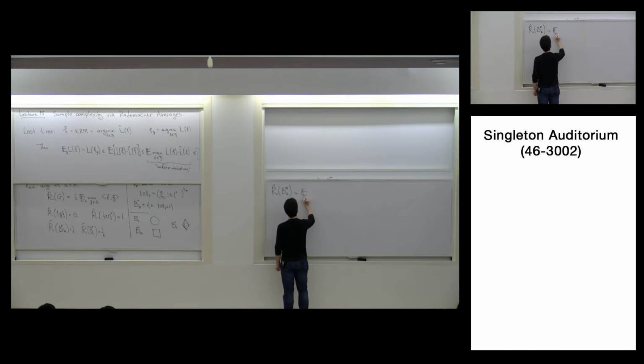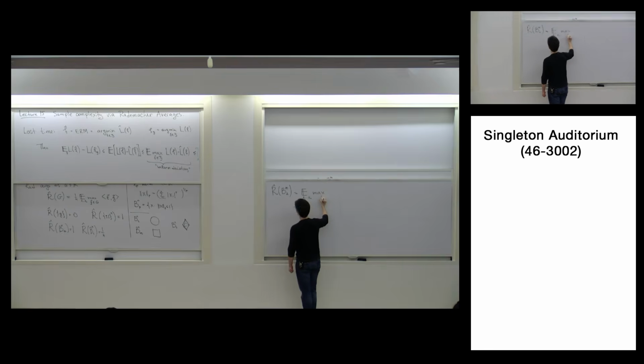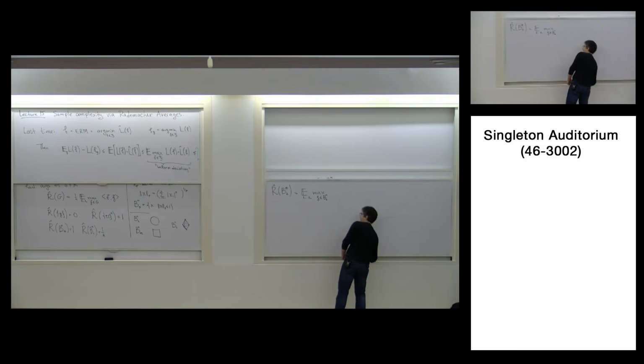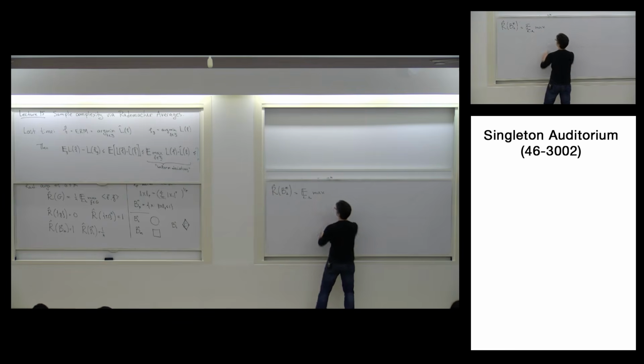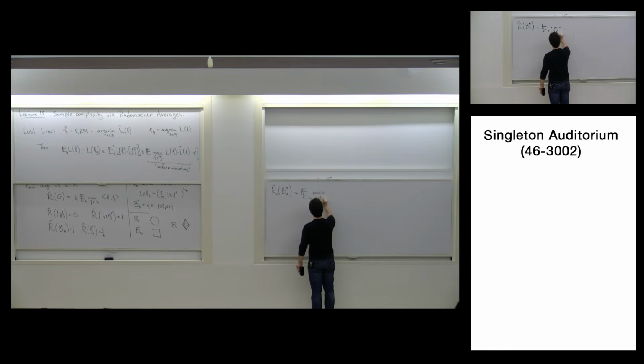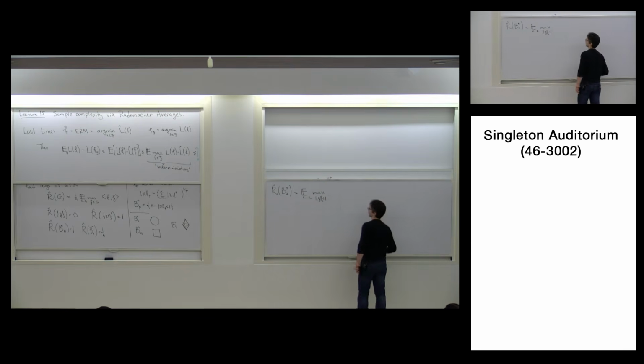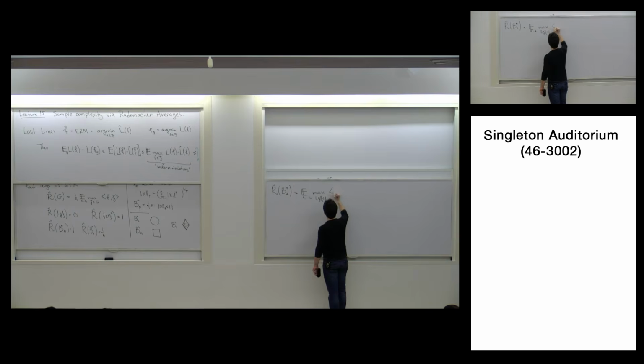It's the expectation over random coin flips, max over, what letter did I use? G. G in B_n 2. In other words, I can write it as the norm of G, the Euclidean norm, less than 1, of the inner product of the epsilon vector and G.